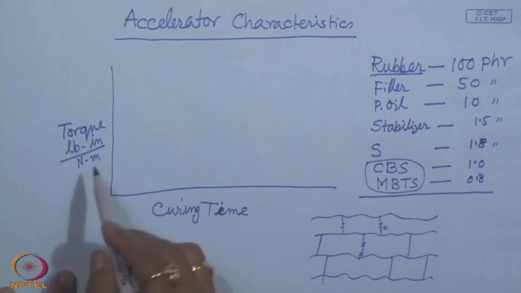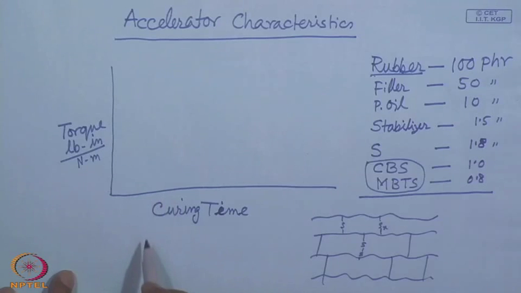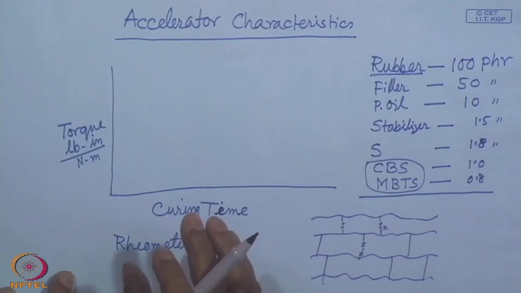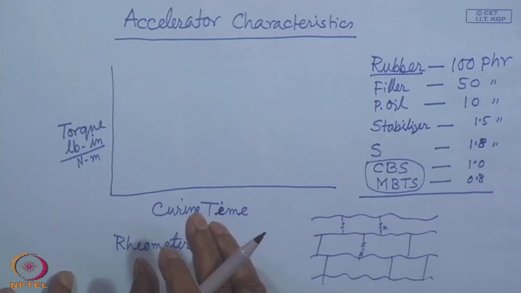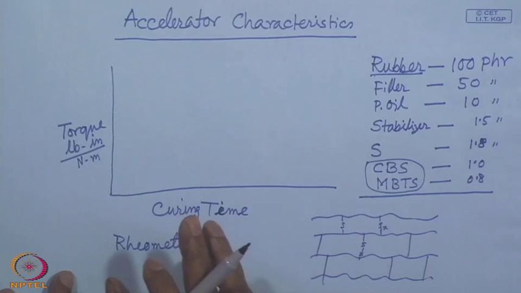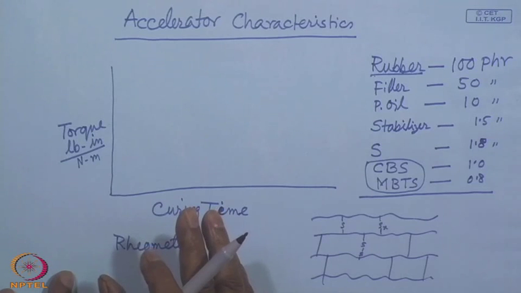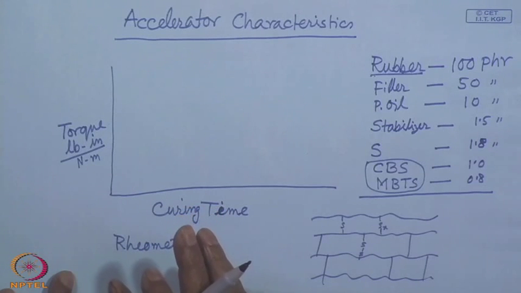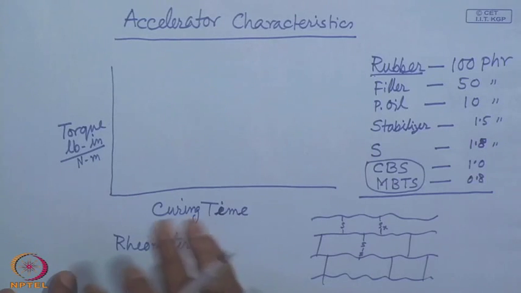This kind of rheogram is produced by a rheometer which contains a rotor connected to a motor. Oscillatory rotation is provided by that motor, which oscillates at 1 degree or 3 degree arc, and that rotor is placed in a cavity.